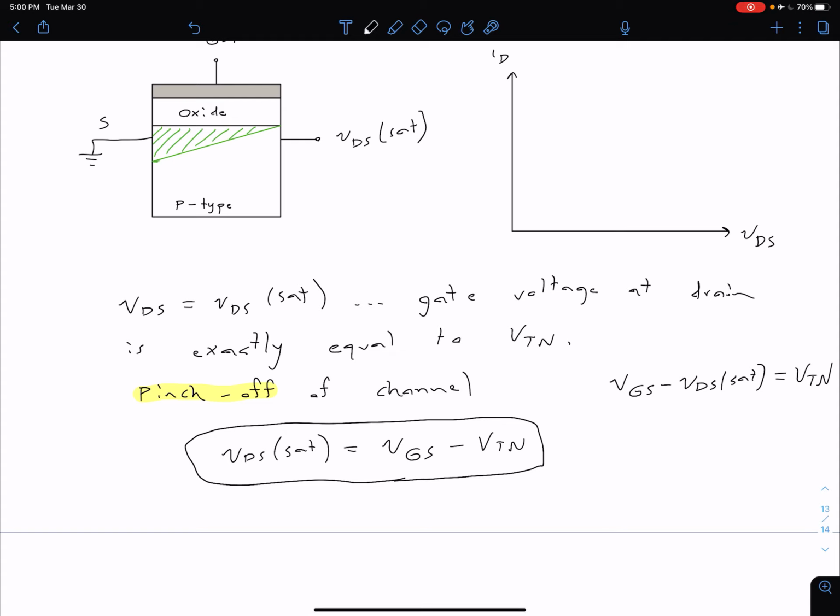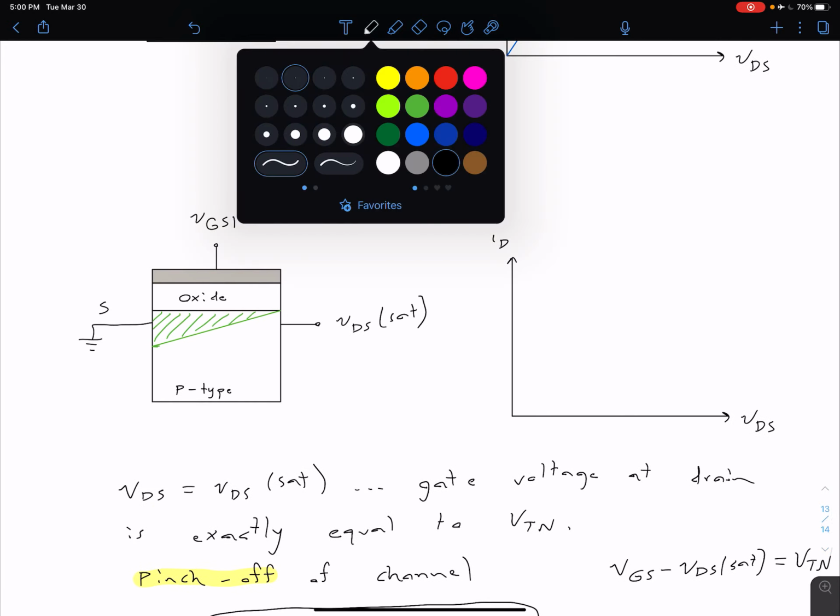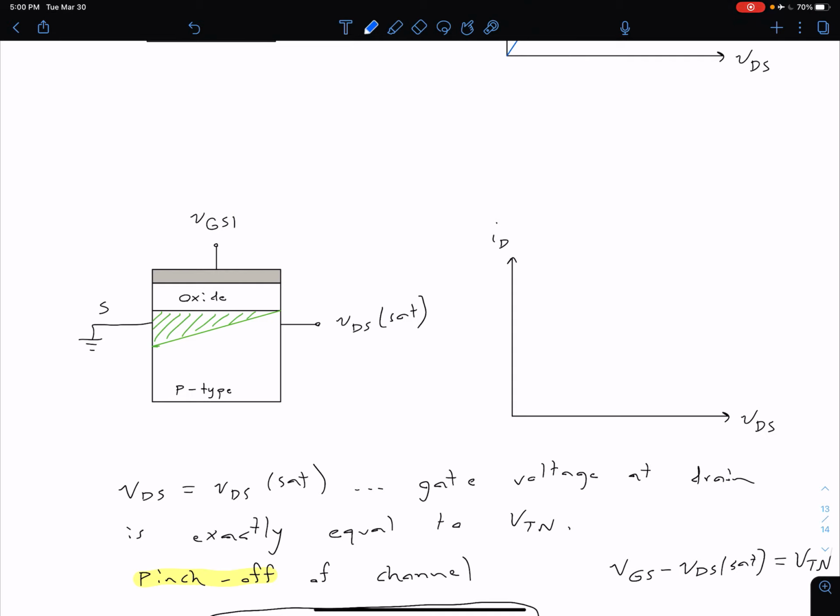Rearranging that, we can determine a value for VDS sat for a given operating point and a given device with a VTN. So again, coming back to our curve for ID versus VDS, we've already said we had this linear region, and then this roll off going on.